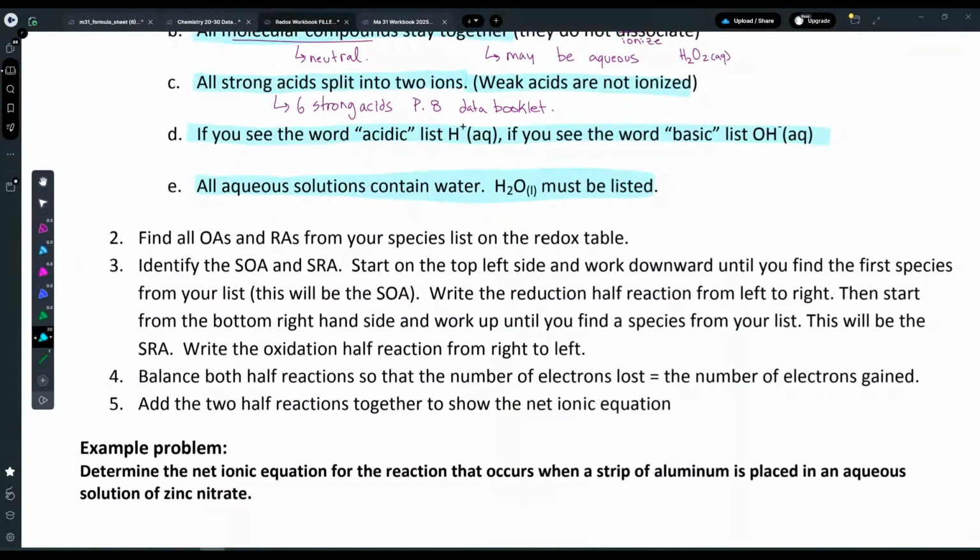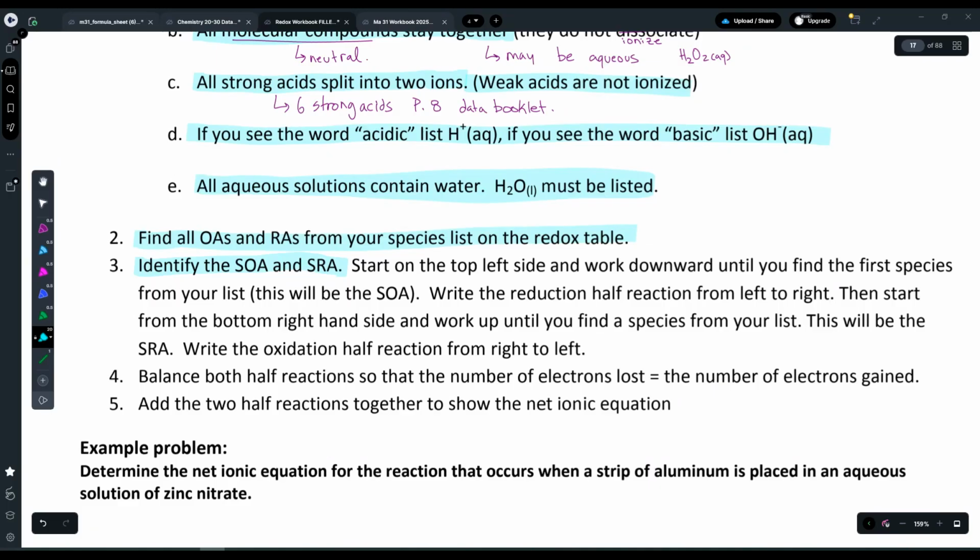All right. Step number 2, after you're done your species list, you're going to figure out what all of your OAs and RAs are, so that's your oxidizing agents and reducing agents, from your species list on the redox table. Then you're going to identify your strongest oxidizing agent and your strongest reducing agent.